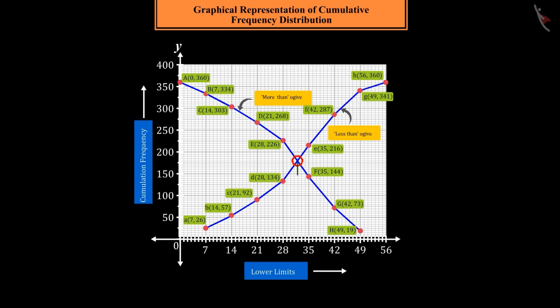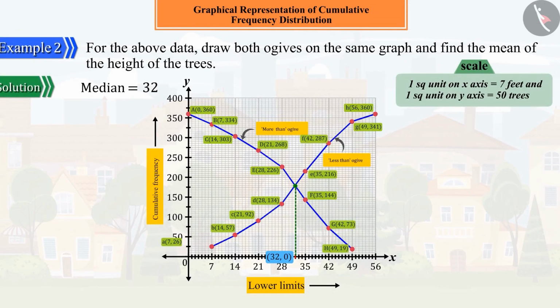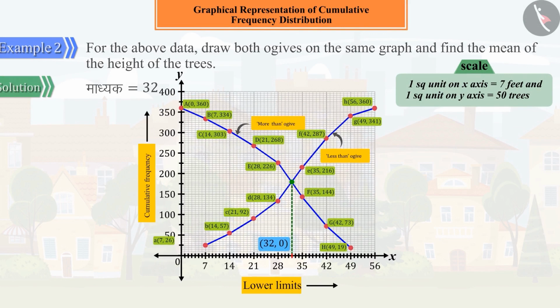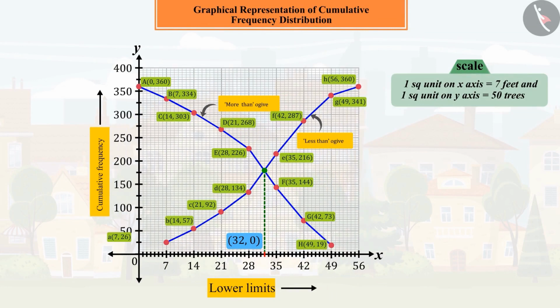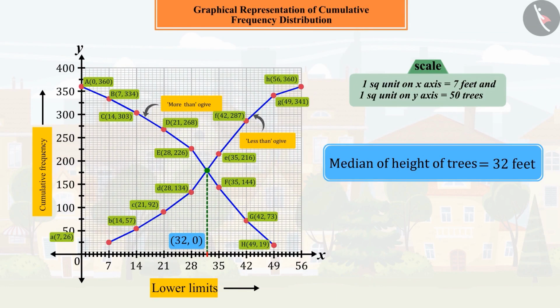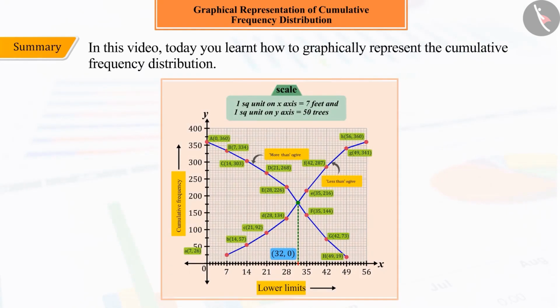If we draw a perpendicular from this point of intersection on the horizontal, the point at which the perpendicular drawn intersects the x-axis is the median of the data. Thus, 32 is the median of these two ogives. So, we can say that the median height of the trees is equal to 32 feet.